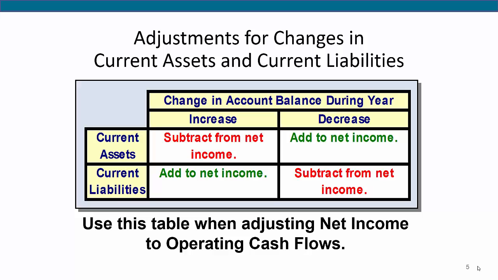You can think about liabilities this way. Current liabilities decrease when they're paid. Therefore, the decrease in current liabilities should be subtracted from net income to get to cash flows from operating activities. Once you have that down, notice that changes in current assets have exactly the opposite impact. If you're interested in more information, your textbook has a more elaborate explanation about this topic.